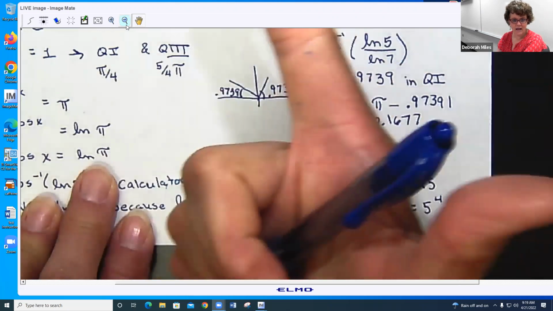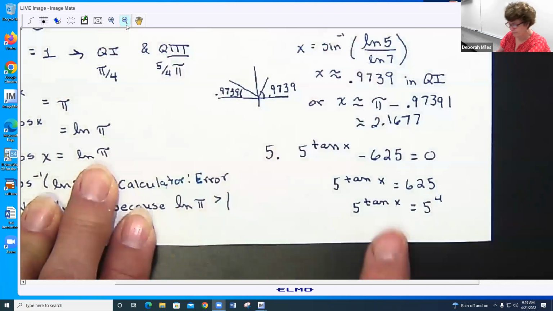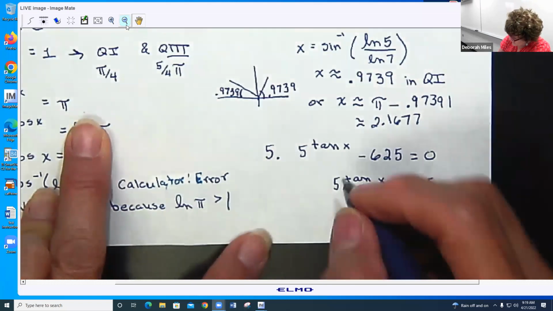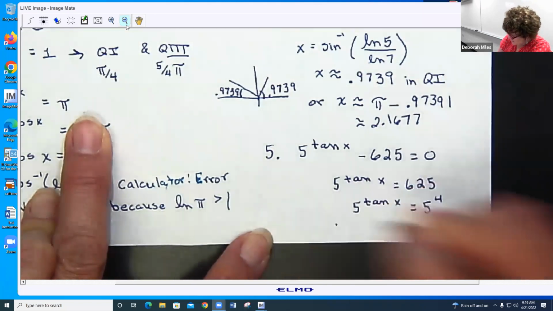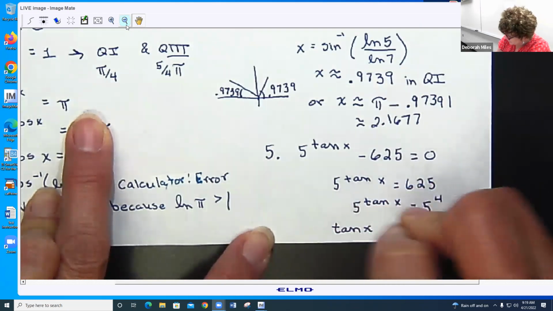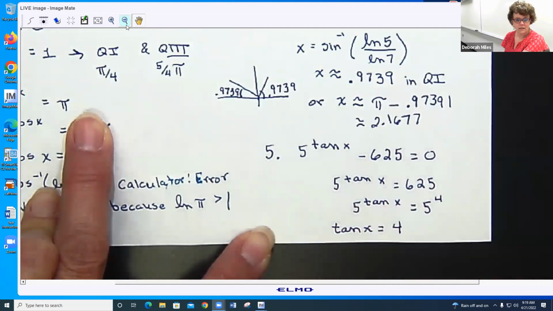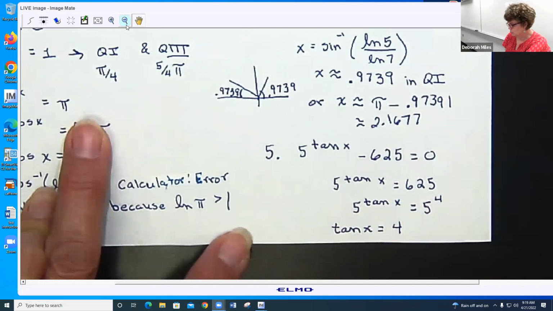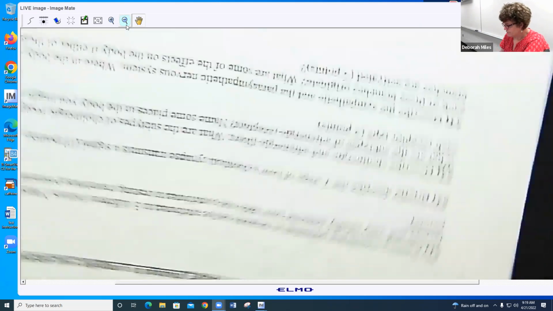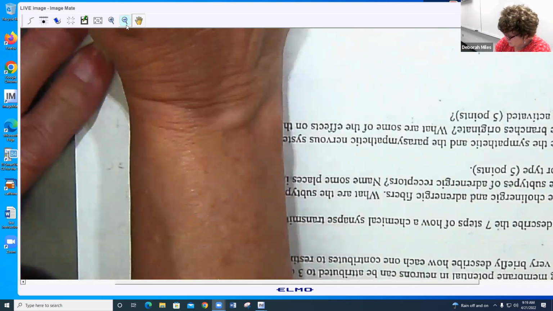5, 25, 125, 625. If I'm able to write both sides having the same base, then I can just set the exponents equal to each other. Tangent x equals 4. I'm gonna have to flip this over to solve it.